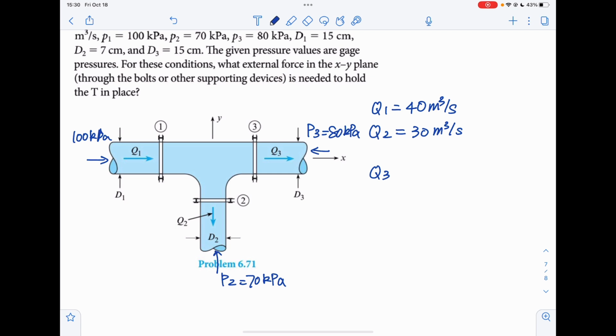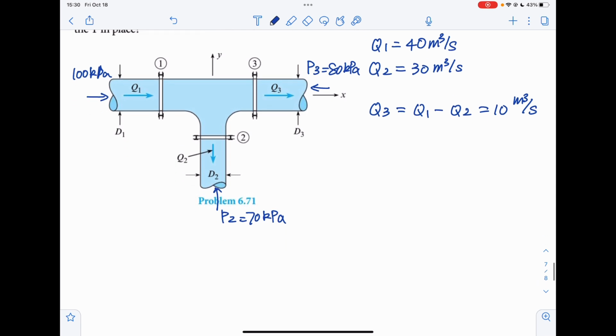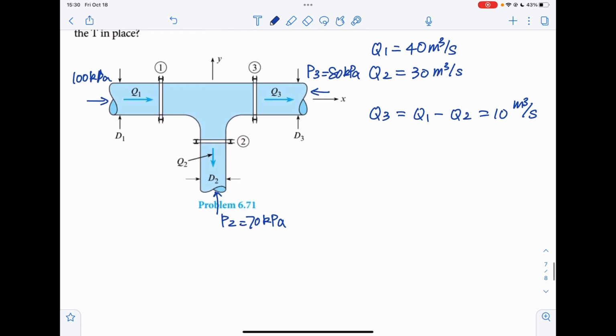Because of the continuity equation, Q3 equals Q1 minus Q2, which is 10 cubic meter per second. And with the Q, we can find the velocities V1, V2, V3.